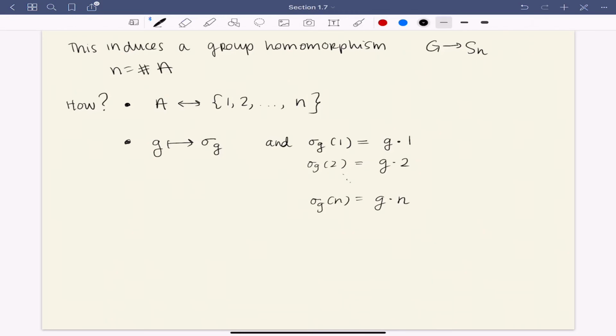So there are two things to check to make sure that this is legit. The first thing is that sigma_g really should belong to S_n, i.e. sigma_g is a permutation.